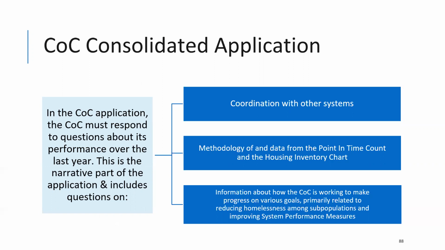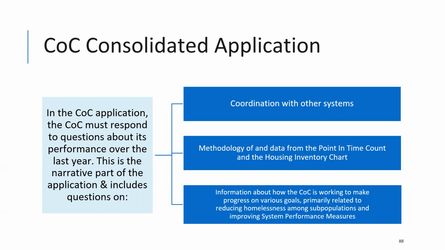So you're talking to HUD a lot about how your CoC is coordinating with other systems, your methodology and data from your point in time and housing inventory count, information on how the CoC is working to make progress on various goals. Most of this is related to strategies that you're using to address homelessness among different subpopulations, and also how you're improving your system performance measures.